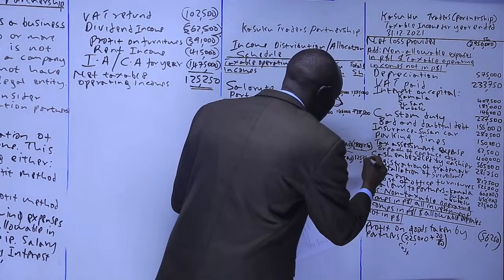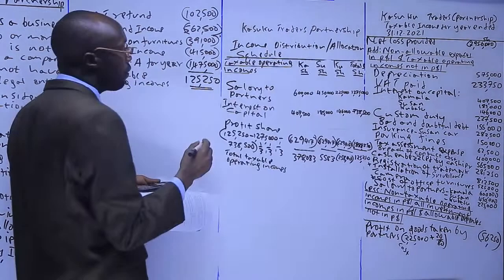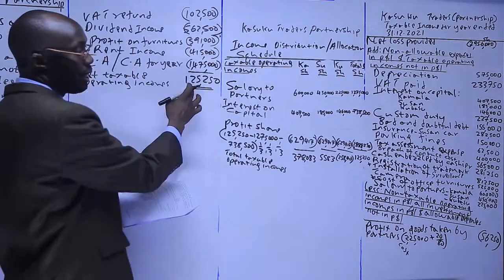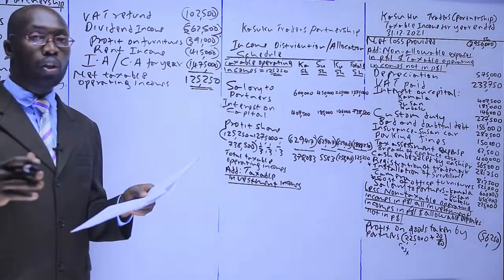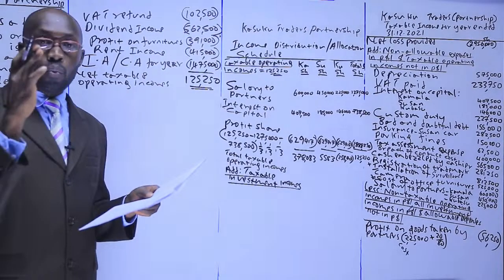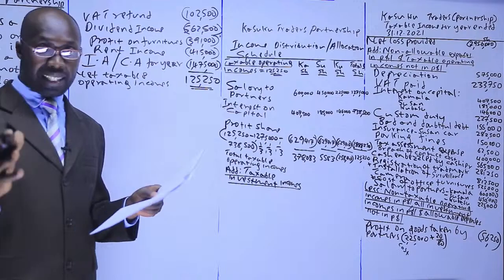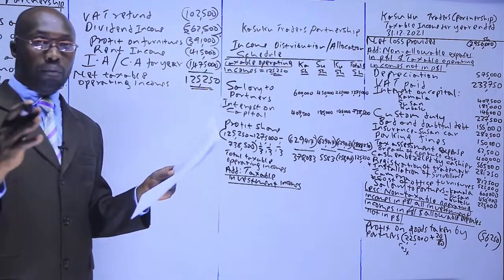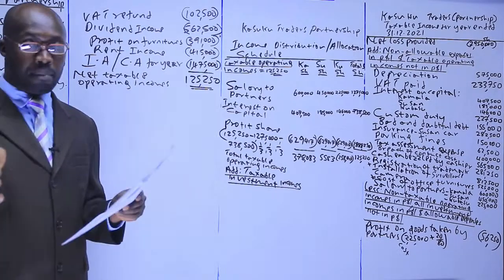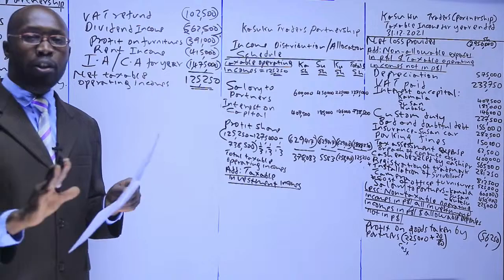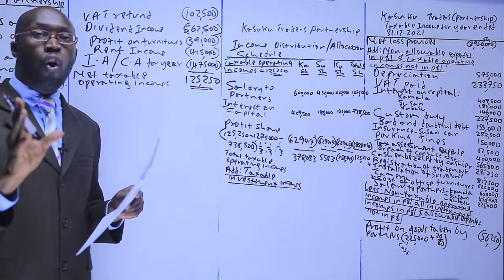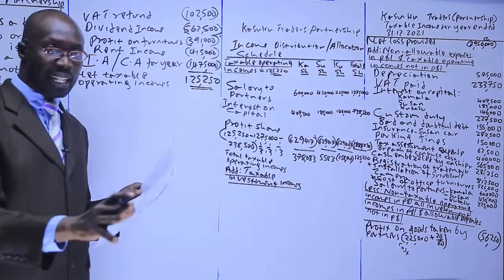And that answer, you'll find it is starting with the operating income, because remember, you are given an income like dividend or interest, and you're not told where it's coming from. Always assume it's a non-qualifying dividend or non-qualifying interest.